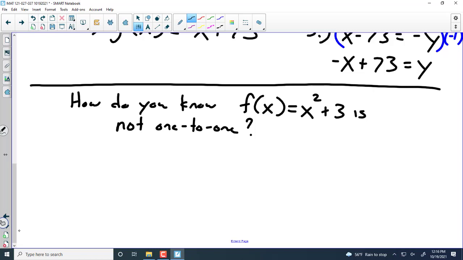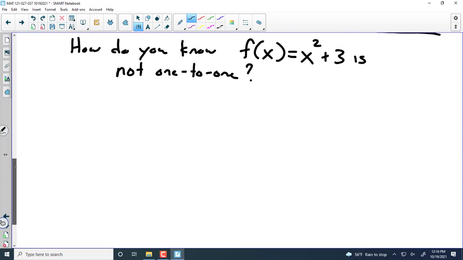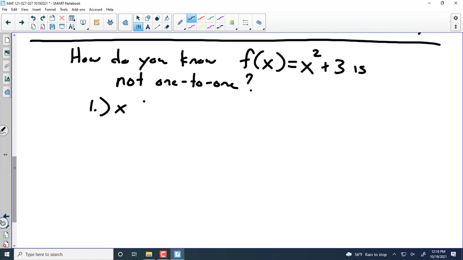Can someone tell me why they know that function's not one-to-one? You said earlier that, for the most part, if it's an even power, it's not going to be one-to-one. Good. Who can tell me another way you know that's not one-to-one? Yeah, it fails the horizontal line test. Very good.